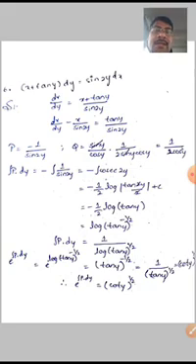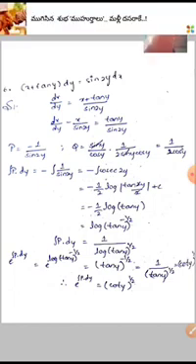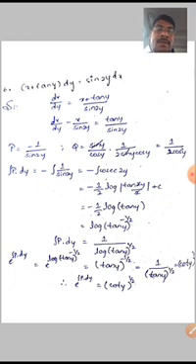Next, (x plus tan y) dy is equal to sin 2y dx. Here dx by dy is equal to (x plus tan y) by sin 2y. Here dx by dy minus x by sin 2y is equal to tan y by sin 2y. Here p is equal to minus 1 by sin 2y. Q is equal to sin y by cos y into 1 by 2 sin y cos y, by using the trigonometric formula, is equal to 1 by 2 cos square y.